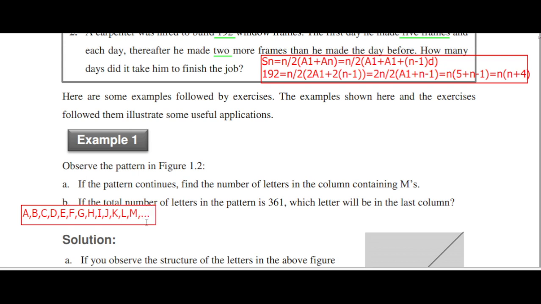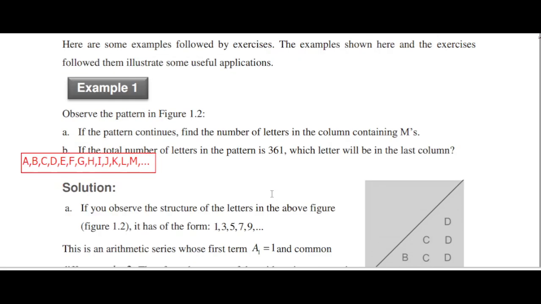At what number will M exist? M exists at 1, 2, 3, 4, 5, 6, 7, 8, 9, 10, 11, 12, 13. If the pattern continues, find the number of letters in the column containing M's.